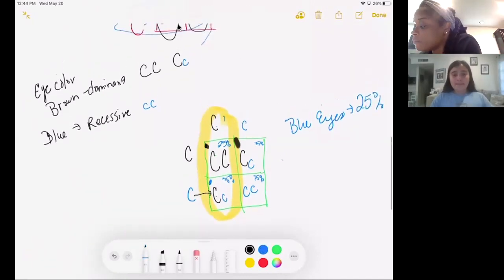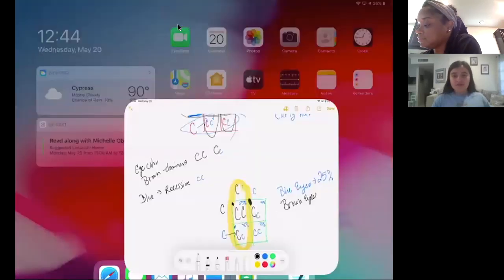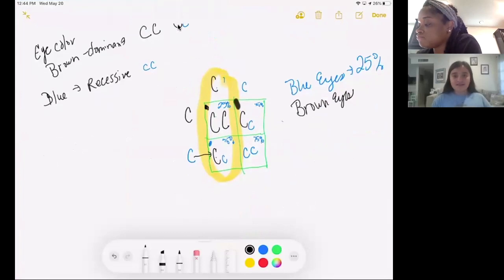What is the probability that the kids will have brown eyes? 25% too. Are you sure? 75%? Oh, yeah, 75%. It's 75% because I have 3 boxes, right? So let's highlight them. We'll highlight them black.